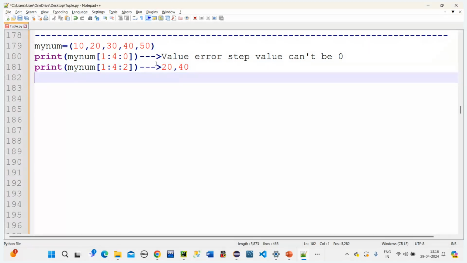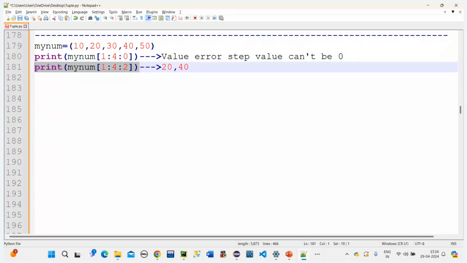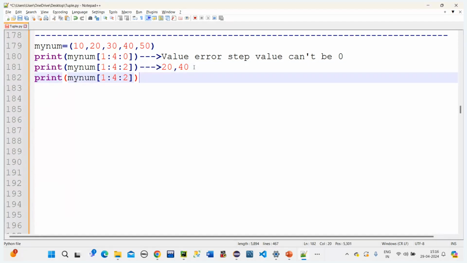And now let's see the next one. It is 1. If it is here 4, 4 is starting, and then here it is 1, and here also it is 1.